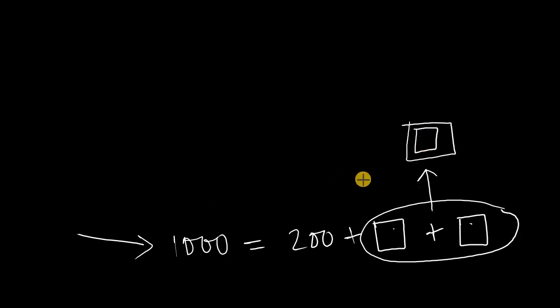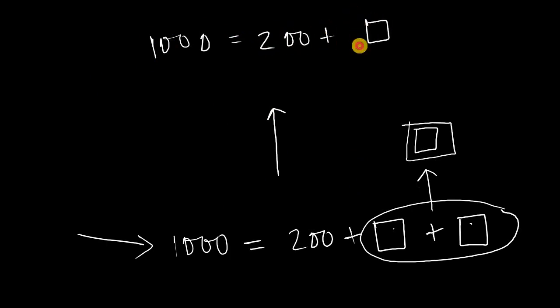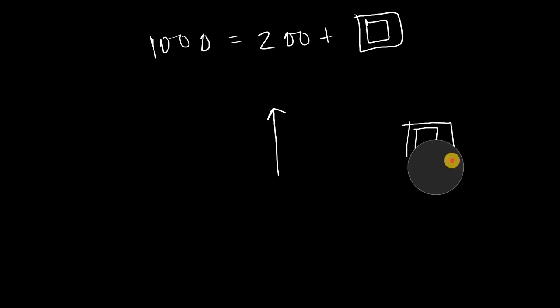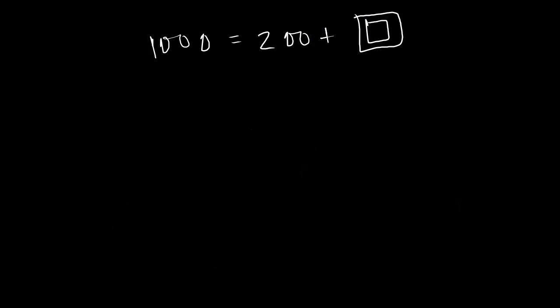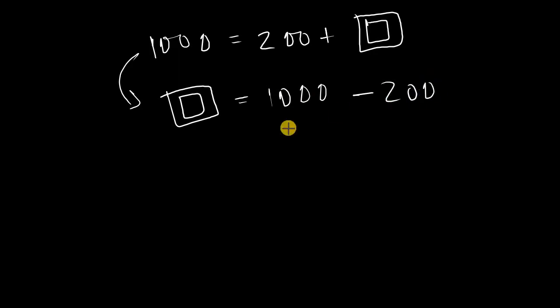And so this equation becomes now 1000 equal to 200 plus this box. Now we know how to solve this. Remember, we have just solved this type of problem. And we do our usual trick, which is 1000 minus 200, and if you do the maths, the answer is 800.